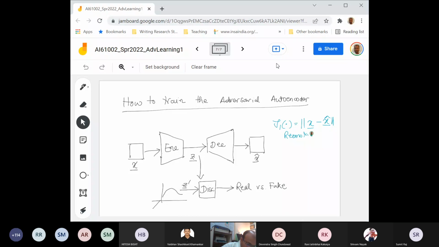One way of training this is that you backpropagate the gradient of this loss through the encoder and the decoder so as to minimize this loss. So your backpropagation is with J1, nabla of J1.